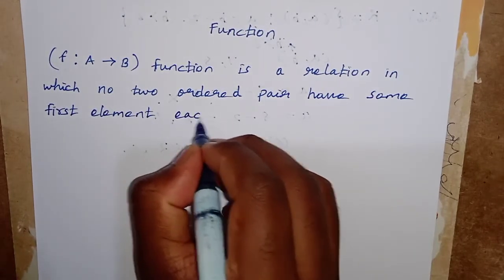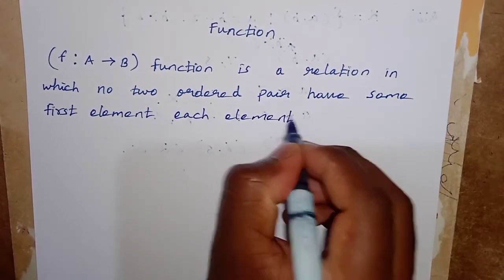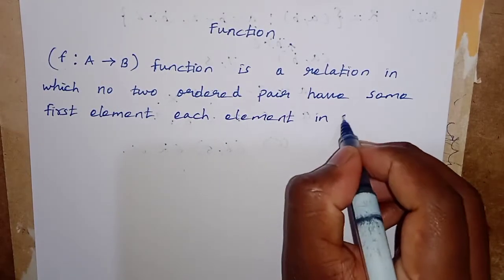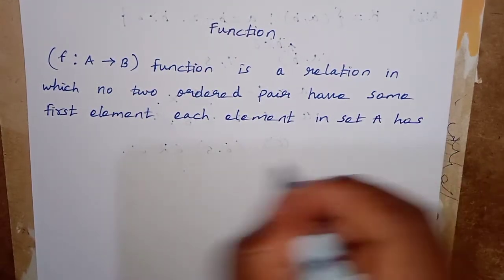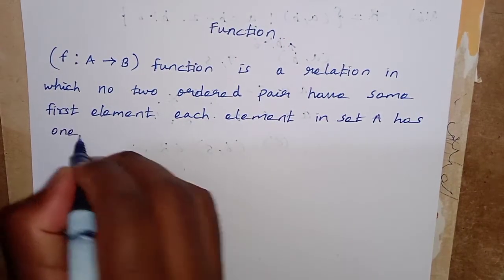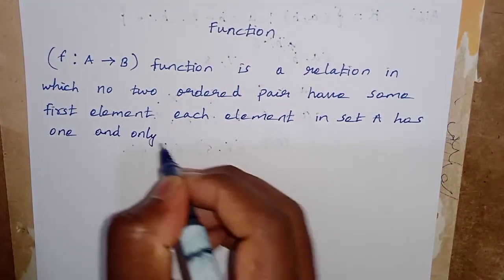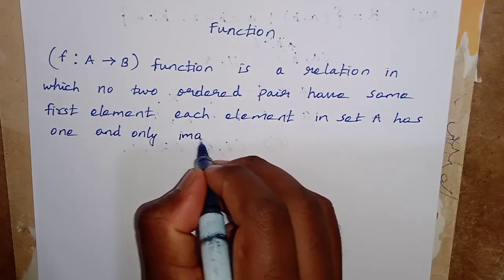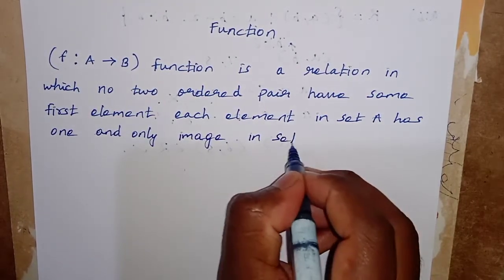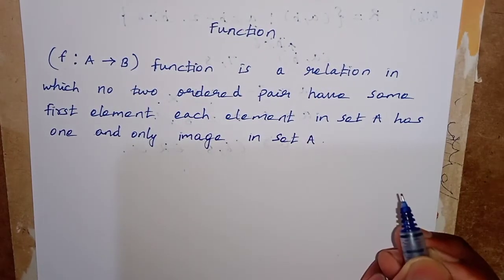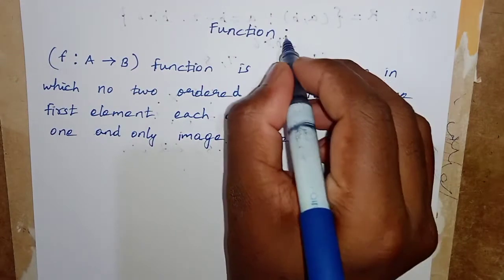Each element in set A has one and only one image in set B. Okay, it is the statement for function.